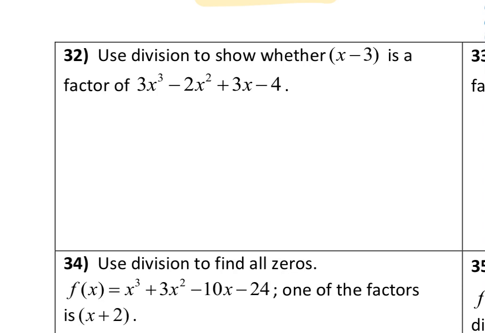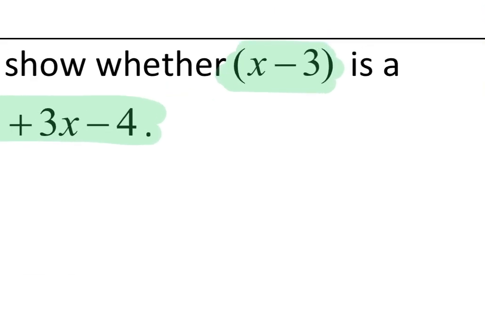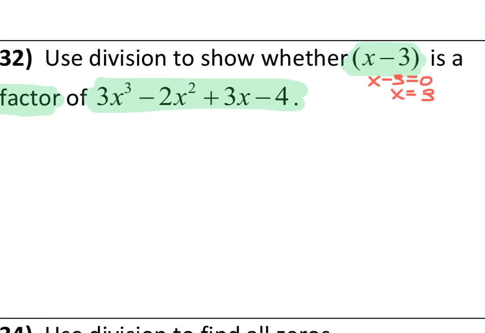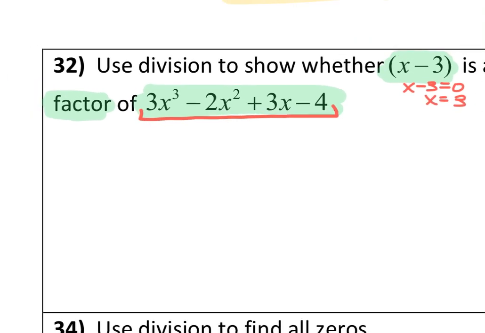So, for example, if x minus 3 is a factor of this big polynomial, then x minus 3 equals 0, or x equals positive 3, is going to divide evenly into the polynomial without a remainder. So you're going to divide and look to see if there's a remainder.